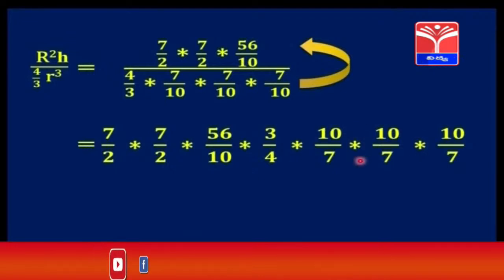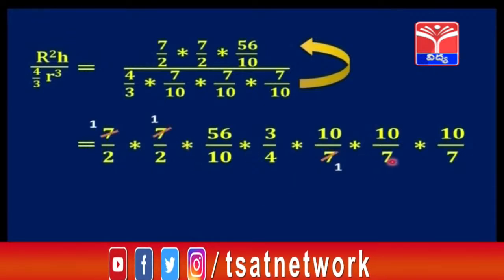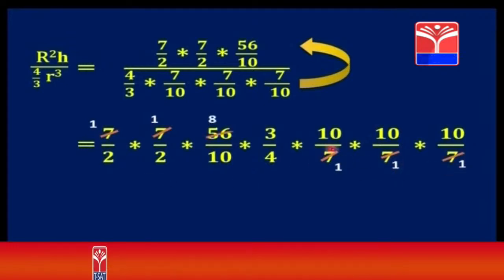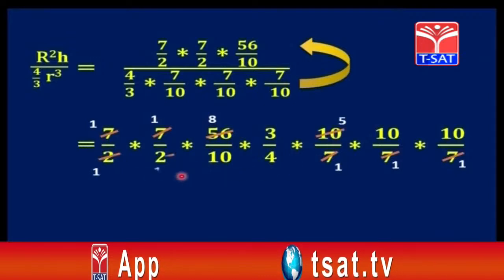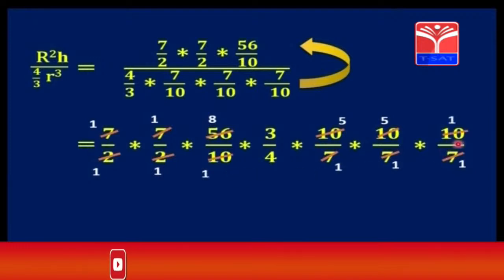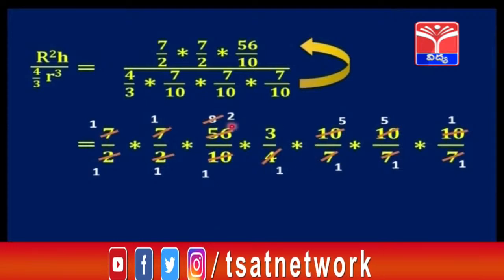And see the cancellations. 7 ones are 7, 7 ones are 7, and again 7 ones are 7. Next to 2, here 7 eights are 56. Next 2 fives are 10, cancel. Next, the denominator term, 4 twos are 8.